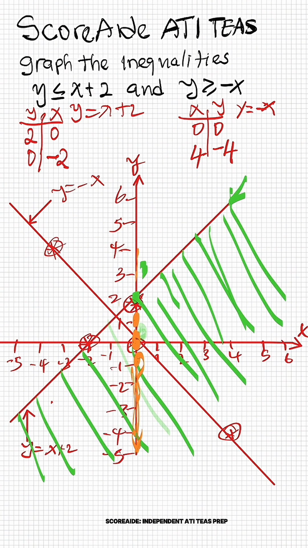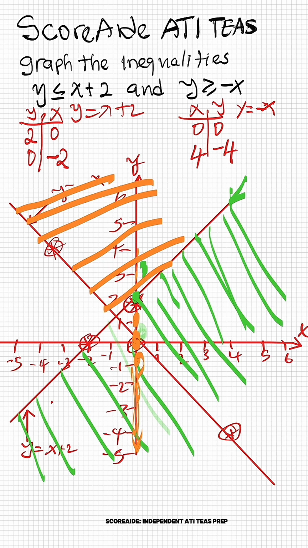So the region that is going to satisfy this inequality are the y values which are greater than this. So it's going to be up here because these y values up here are greater.